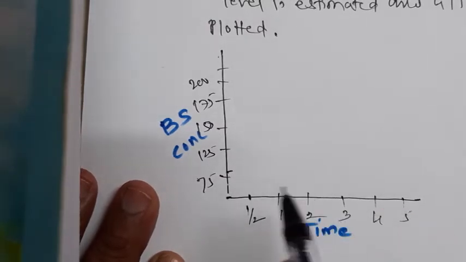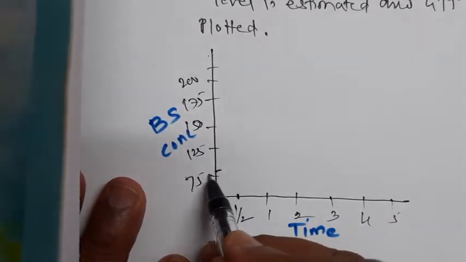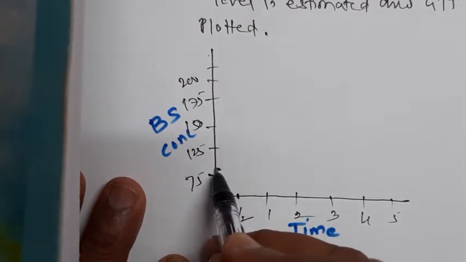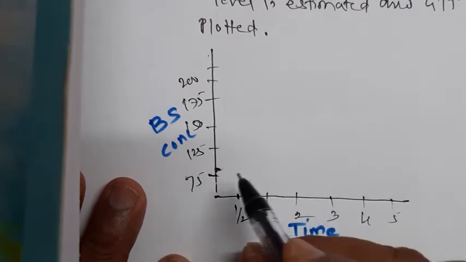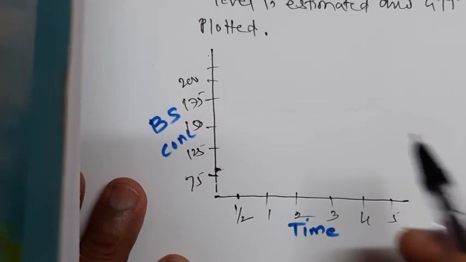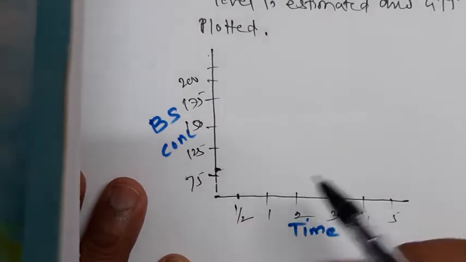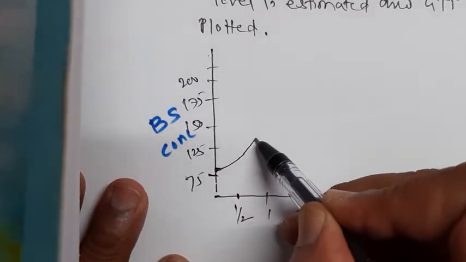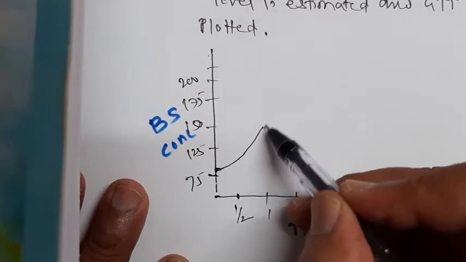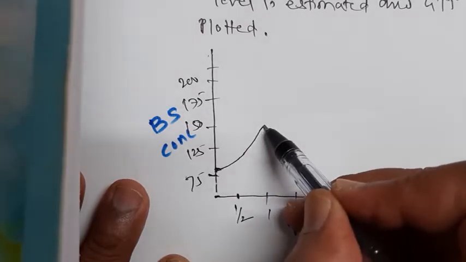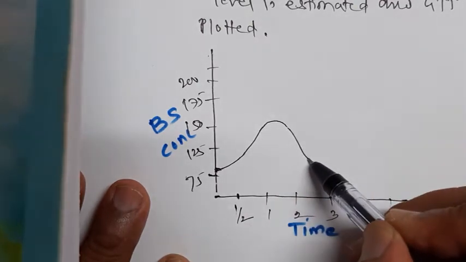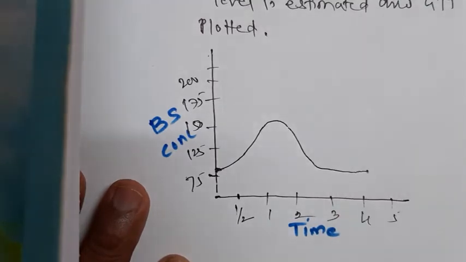Suppose in a normal glucose tolerance test curve, the normal sugar level is around 75 to 80. So that is the fasting blood sugar level, and after giving the glucose orally or intravenously, this will increase. It will go to about 150 or 140 after 1 hour, and then it will come down to its original 80 or 75.